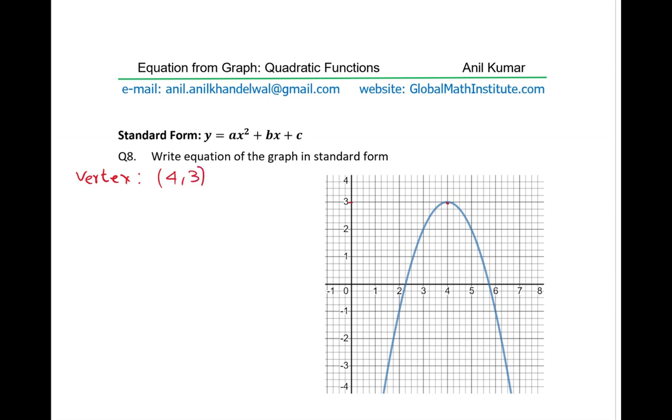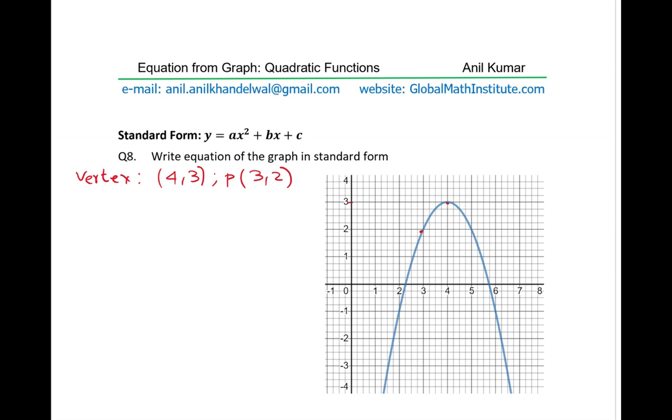We need to find one more point. So this is a good point, which is at 3 we have y value of 2. So we have 3, 2. From here we can find the equation.